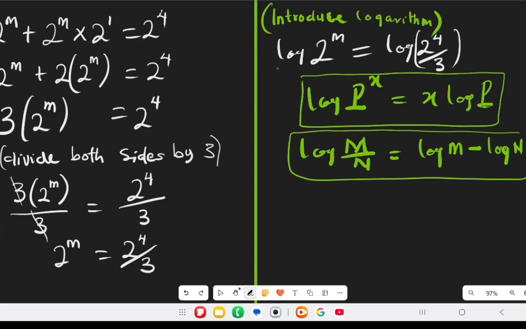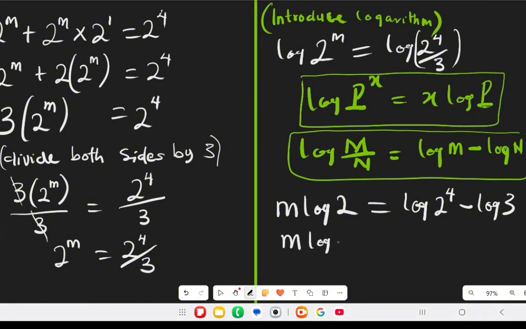Then log 2 raised to the power of n will change to n log 2, which is the first law, equals, now we apply the second one, which is log of 2 raised to the power of 4 minus log of 3. This is the same thing as n log 2 equals, because this is a power, we have to apply the first law, 4 log 2 minus log 3.